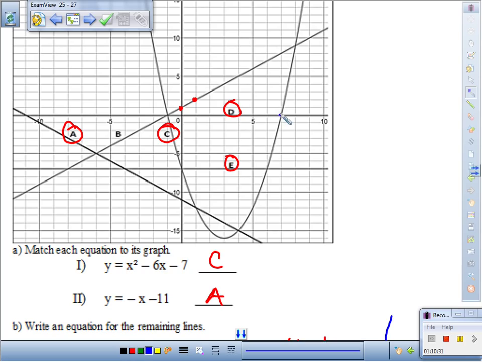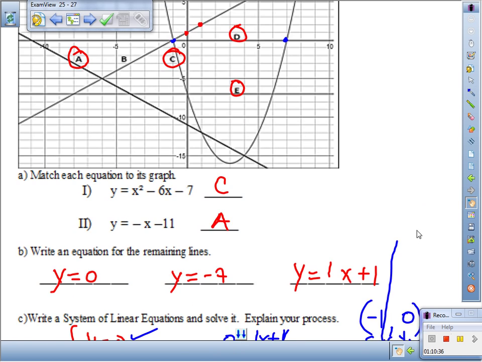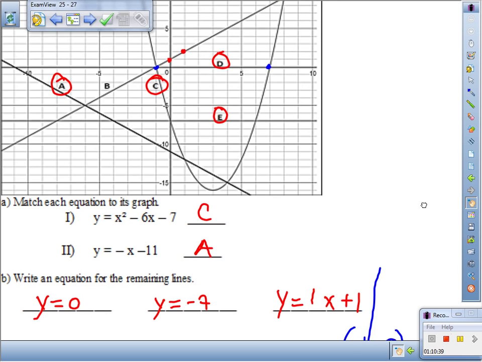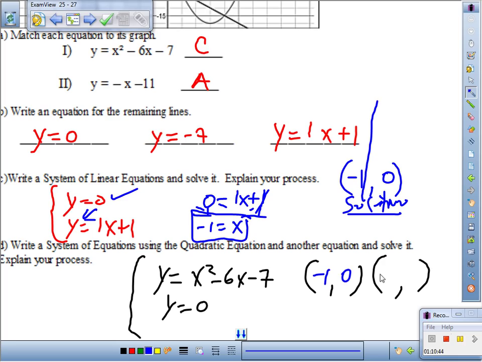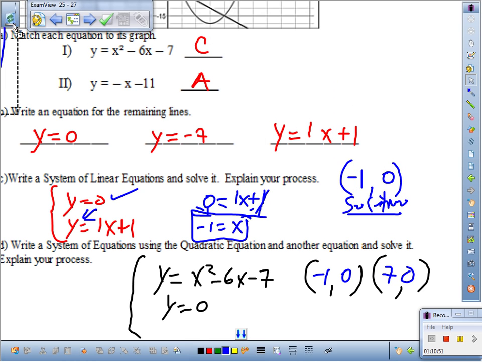They intersect here and here. Negative 1, 0, and 7, 0. That is correct. Those you can use just a graph to answer the question. The process, you just need to say, I use graphing for my solution.